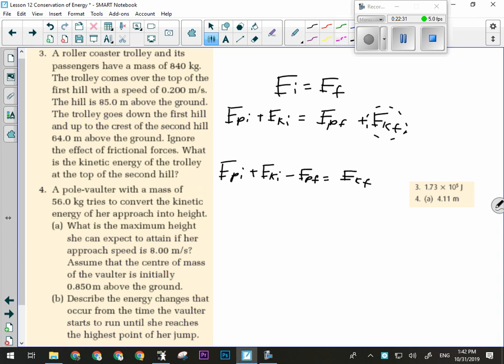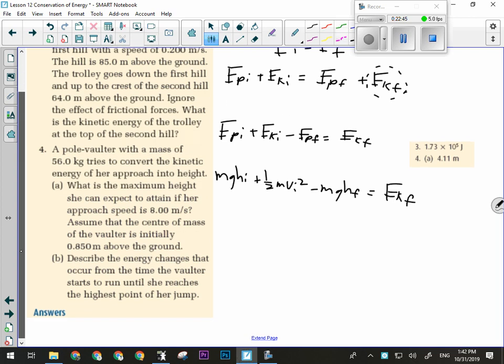Now, I can plug in my formulas. M times G times H initial plus 1/2 M V initial squared minus M times G times H final equals EK final. That's what they want me to find. So now I just plug in my numbers.